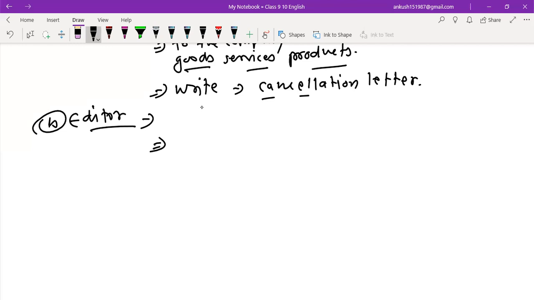Now, in this condition, you may write a letter to the editor of some newspaper or magazine to raise a question about the public works. You can raise a question towards the public works department, where they are taking care of all this. Yes, the municipal corporation, they are also taking care of the roads of their city.